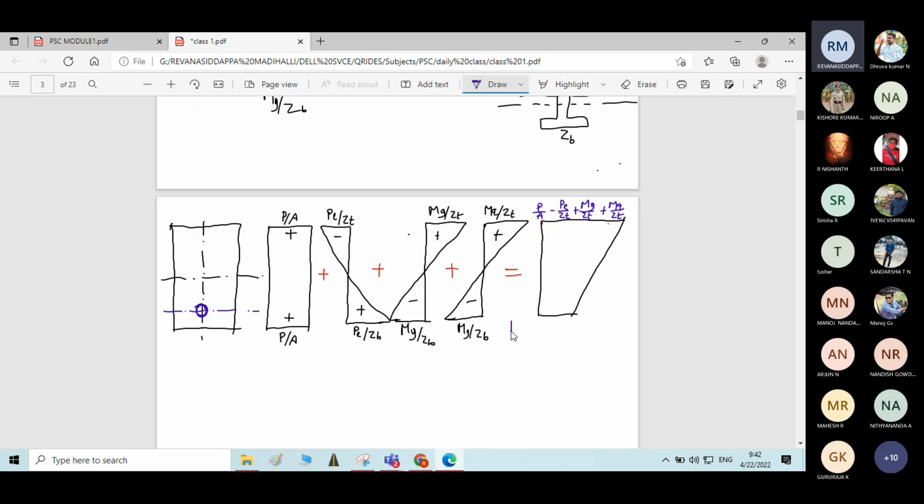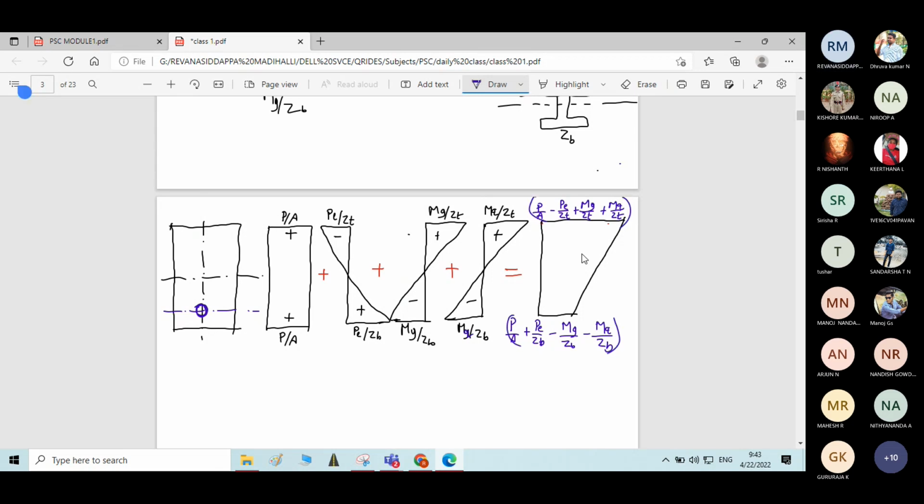It will be the sum of P by A, plus PE by ZB, minus MG by ZB, minus MQ by ZB. So this is the resultant stress.